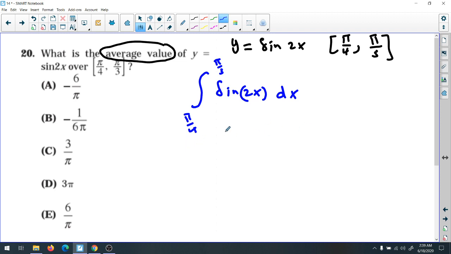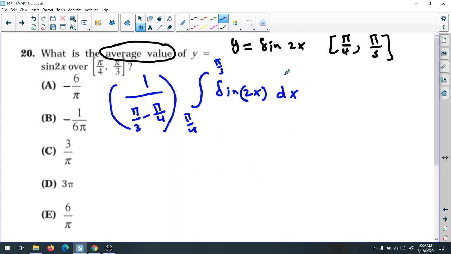Then you divide by pi over 3 minus pi over 4, or you could multiply times 1 over pi over 3 minus pi over 4. Pay attention to that.